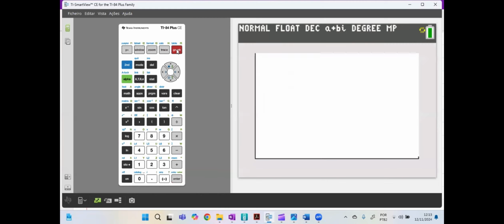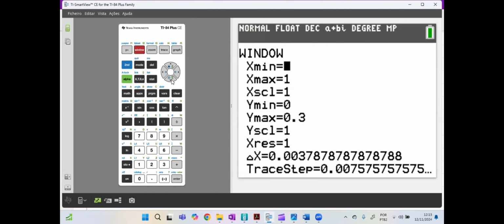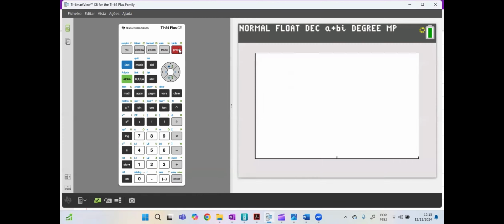Let's see if we can find the point of intersection of the function, which is the integral, and the line 1/14. It may take a while for the calculator to do it. So not the proper window. We can increase here to 2, and then it will probably be enough for us to see the point of intersection.